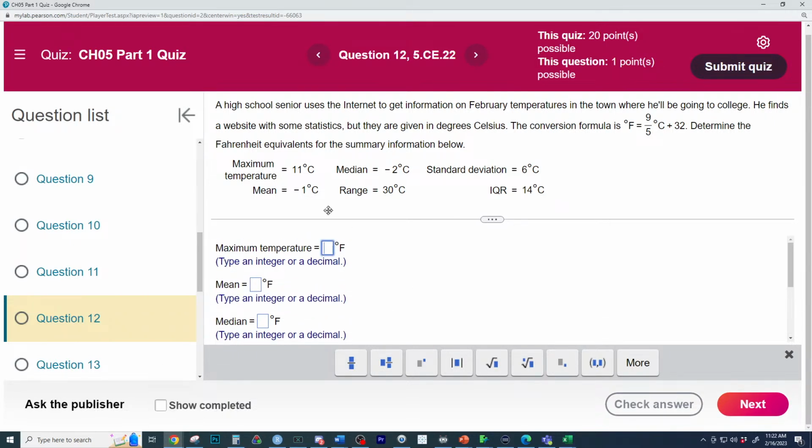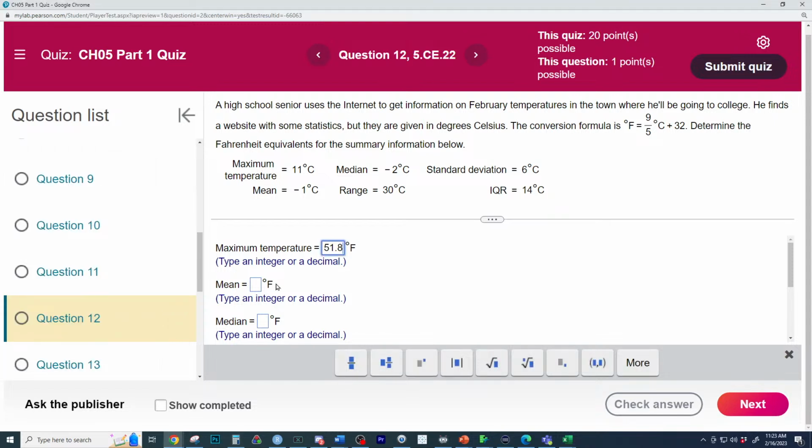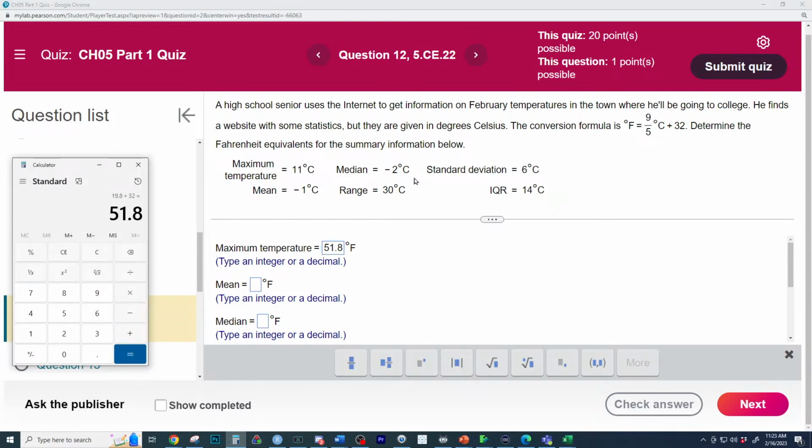So this has to actually go through the formula. The maximum is going to change. It's a position, kind of like the median we talked about. So if you were the highest score, you would be multiplied and divided. So we go right here. We plug 11 in, times it by 1.8, and add to it 32. And then the mean, we go to the mean. The mean's going to have the same sort of formula done to it. The mean was -1.